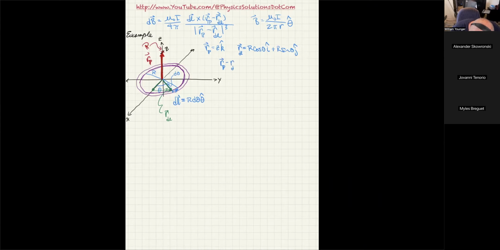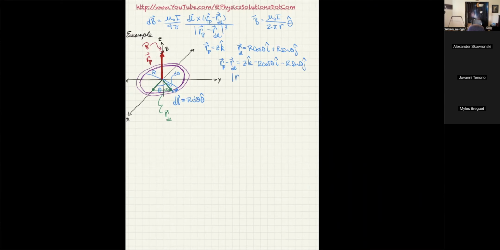So RP minus RDL is going to be z k hat minus r cosine theta i hat minus r sine theta j hat. And then, of course, that means we also need the magnitude.